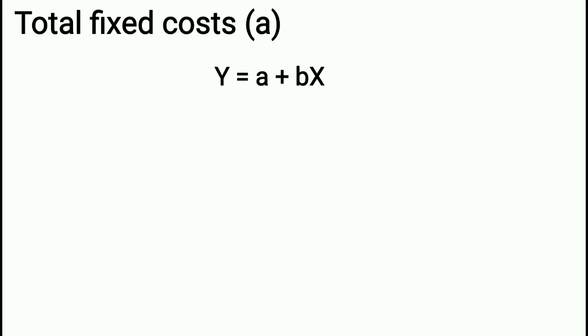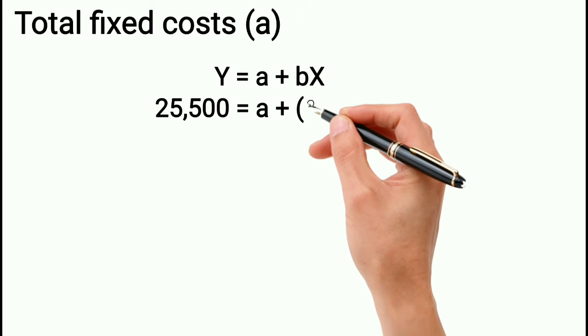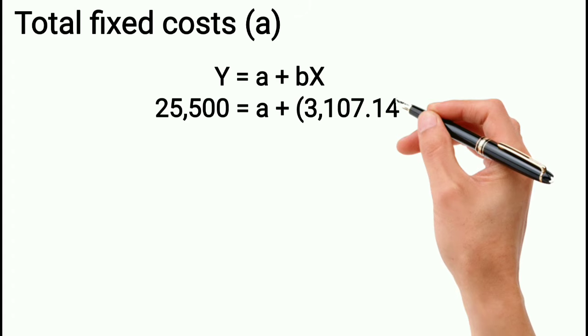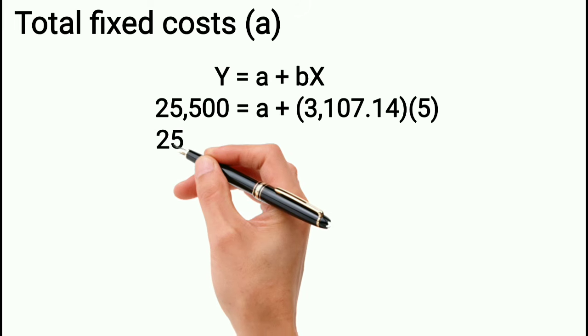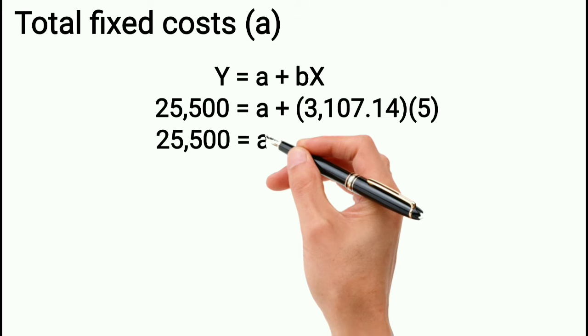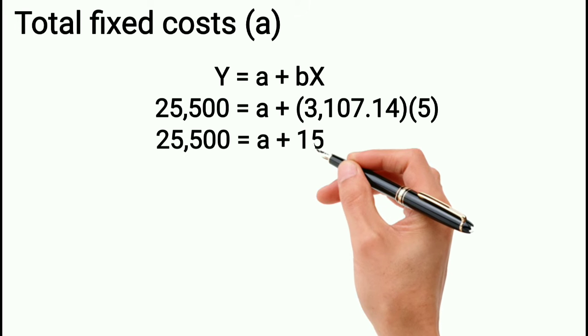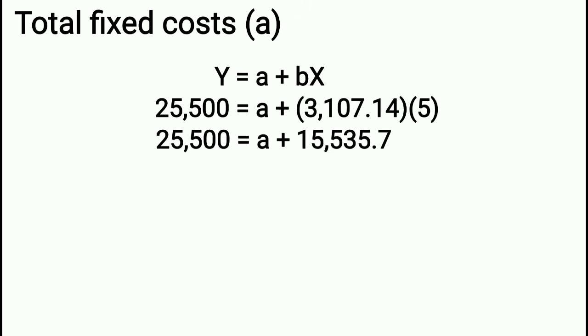I-substitute lang natin yung mga values. 25,500 is equal to A plus 3,107.14 times 5. That will become 25,500 is equal to A plus 15,535.7.